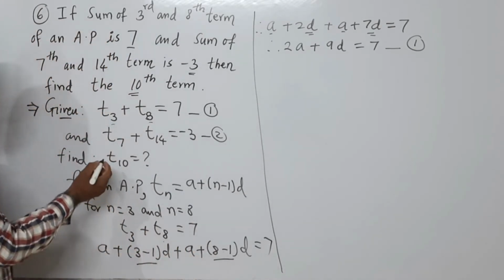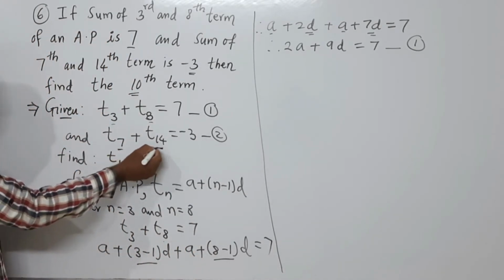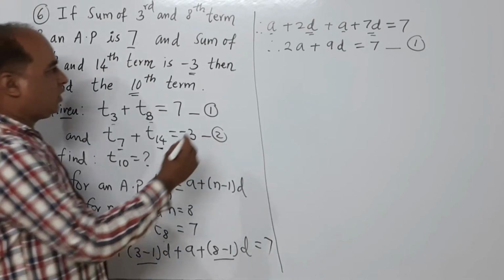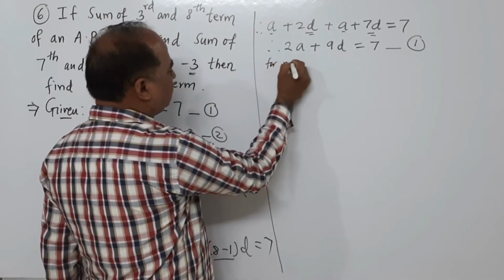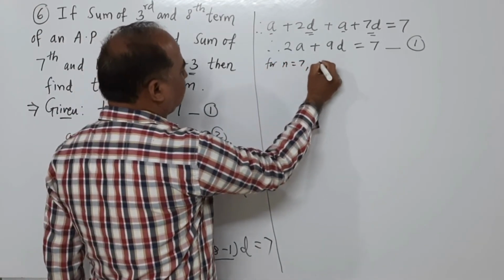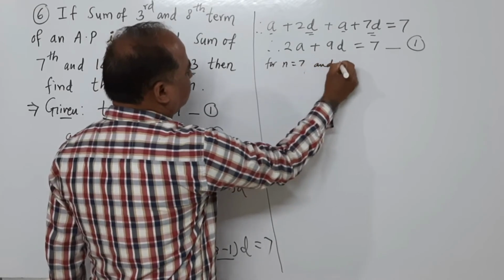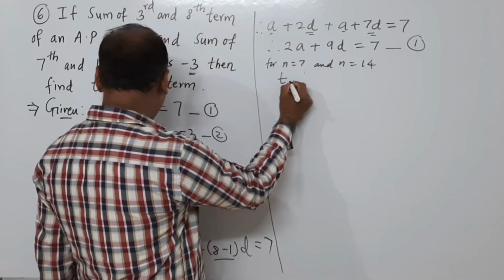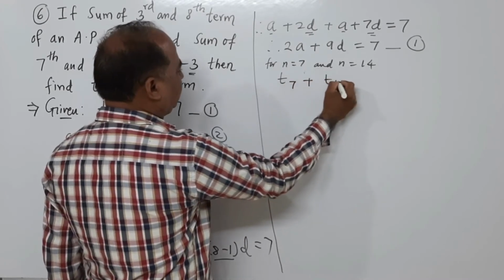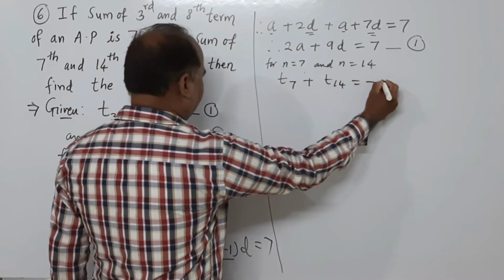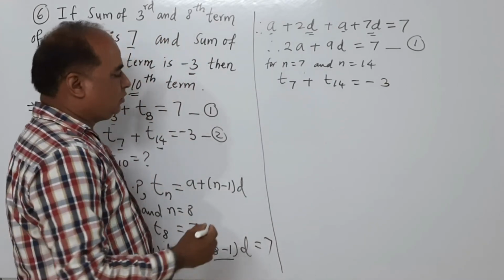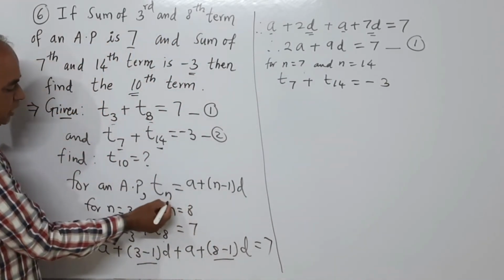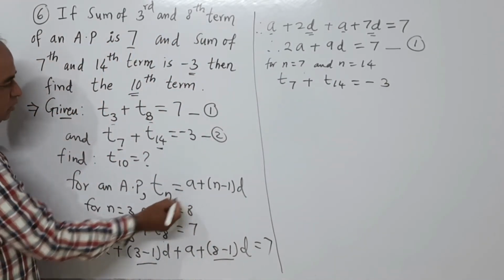Now for n is equal to 7 and n is equal to 14, we have the expression. It is given T7 plus T14 is equal to minus 3. So in this Tn formula, we will put n is equal to 7 and n is equal to 14.